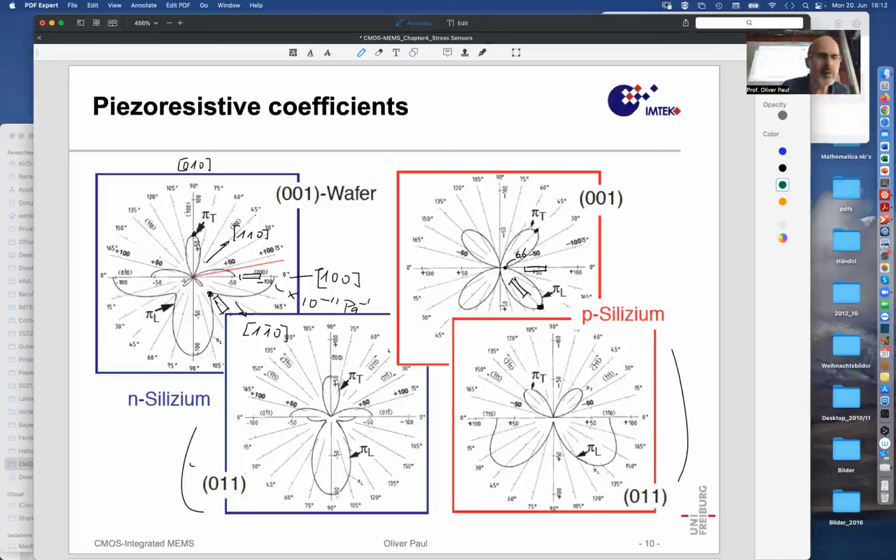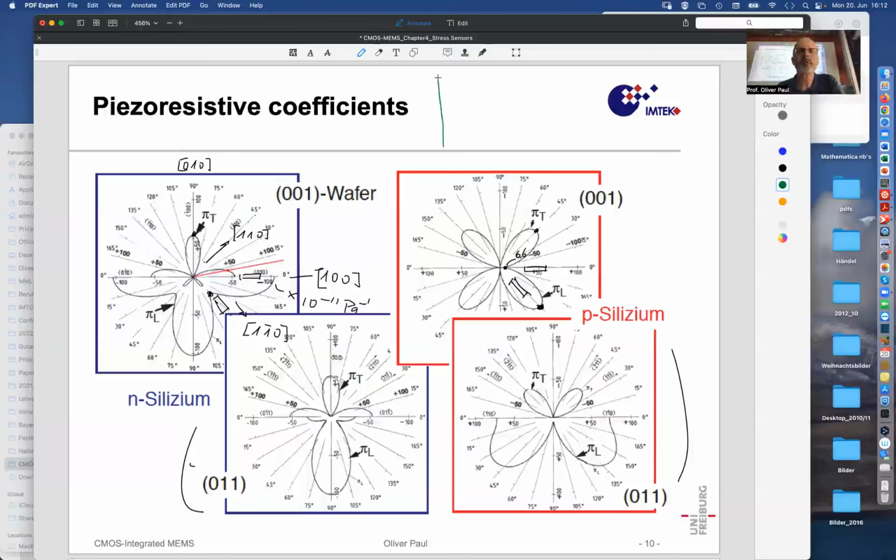Now, if you have trouble reading this complicated structure, think of this polar plot as untangled into a linear plot, because all it shows is pi t as a function of the angle. Now let's see what that translates into.